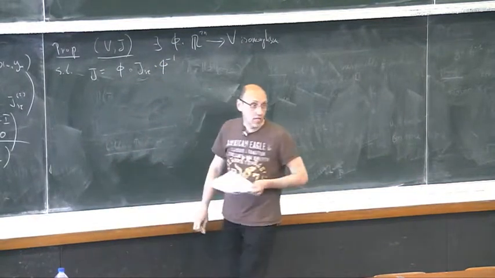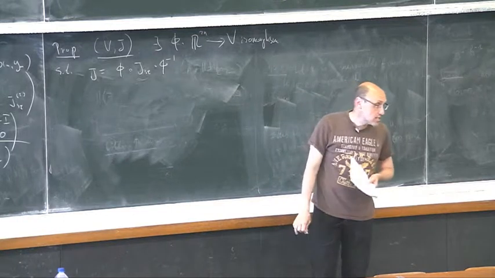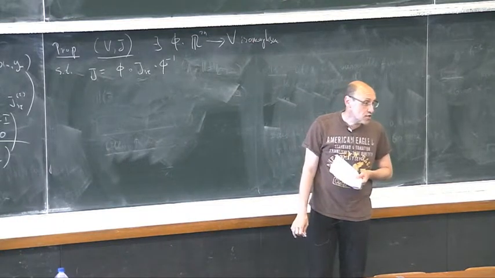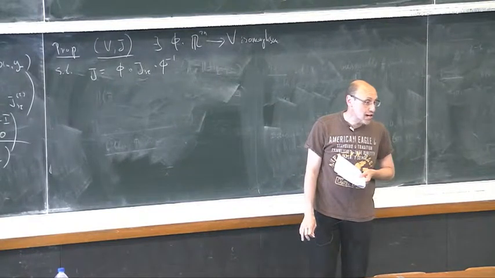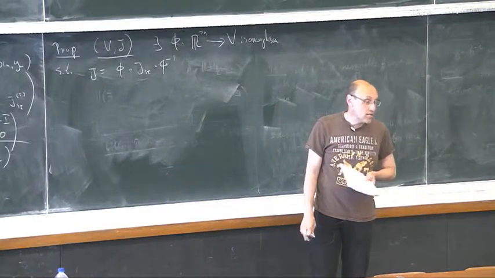In other words, J is the direct image of the standard structure. So every complex structure is conjugate to the standard one on any real vector space.